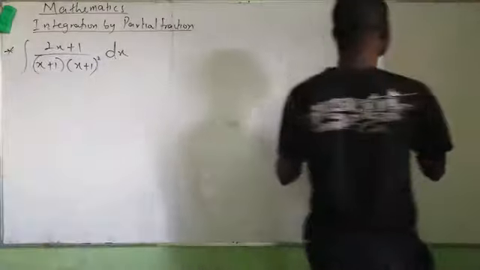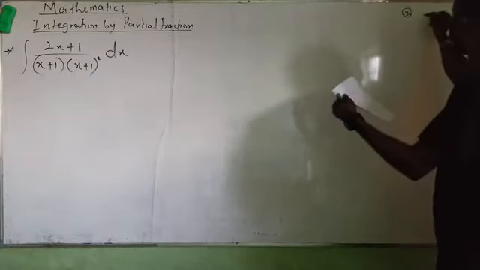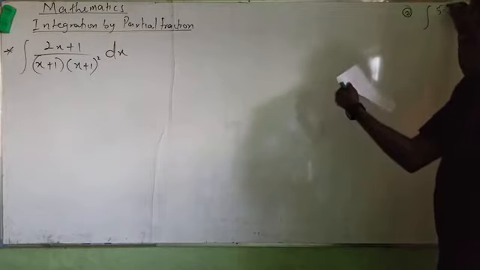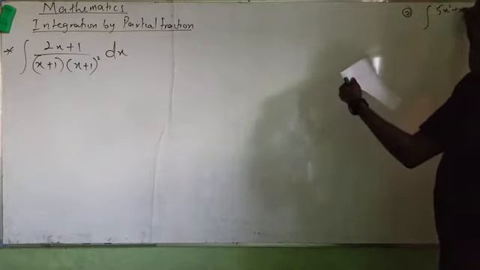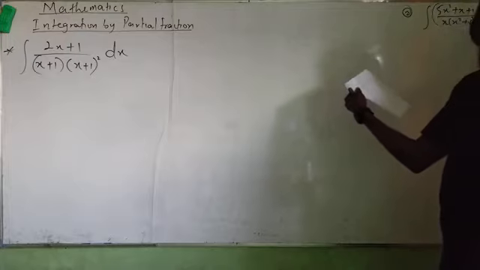The remaining questions are the second one, integrate 5x squared plus x plus 12 divided by x times x plus 4, with respect to x.